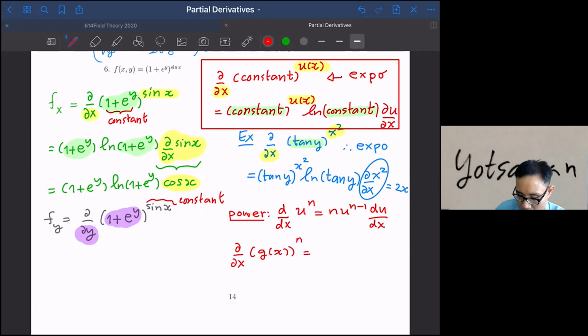So it's going to be just n, and you have g(x)^(n-1), and you have the derivative of the inside, which is g(x) in this case. So this one is just you use the power rule. This will be the thing that we are using right now.